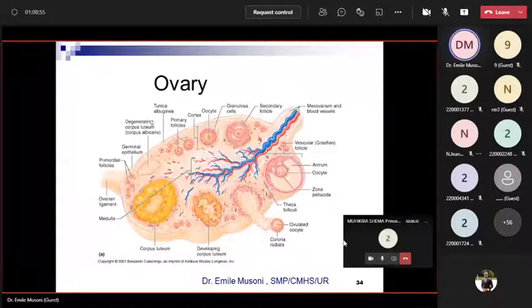So this one is if you still remember the histology of the ovary: tunica albuginea, germinal epithelium, follicles, medulla where there are blood vessels, those follicles, corpus luteum, and this one corpus albicans. For every structure here, you can have a disease.